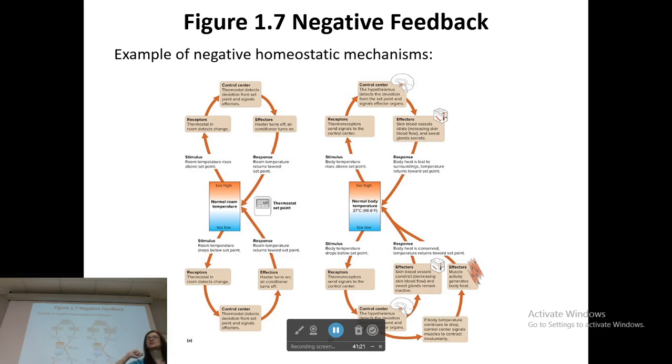A thermometer, that's what I was trying to think of. It has a thermometer on the thermostat, and when the temperature changes, it's either going to turn the AC on, or turn it off, or if it gets cold, it's going to turn your heat on. So your body has basically the same thing. It has that thermostat. You've got your set point, whatever you're comfortable with in your home. Or for humans, 37 degrees Celsius is our normal set point.